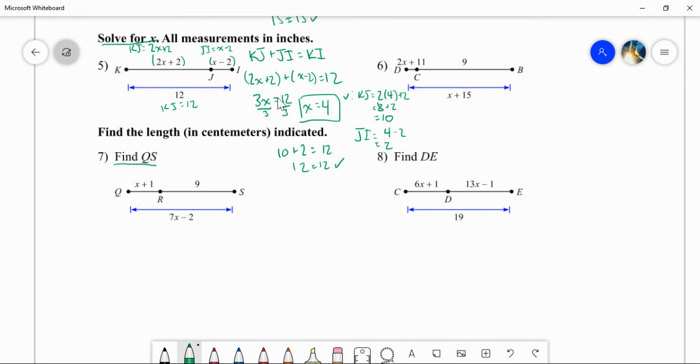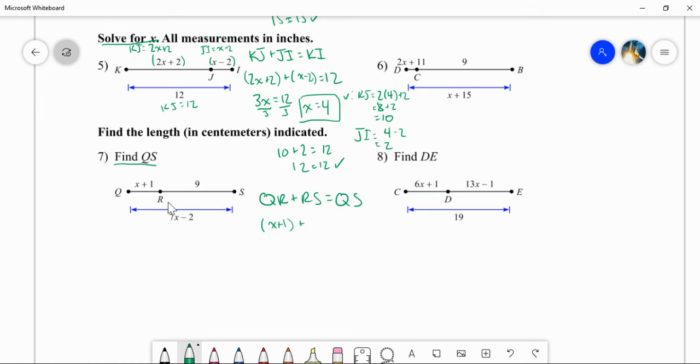Again, nothing's going to change with how I'm setting up this problem. I've still got 3 collinear points. I know R is between Q and S, which means that QR plus RS is equal to QS. Now QR has a length of x plus 1.